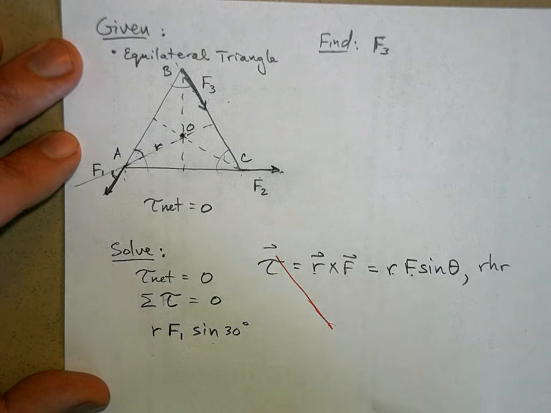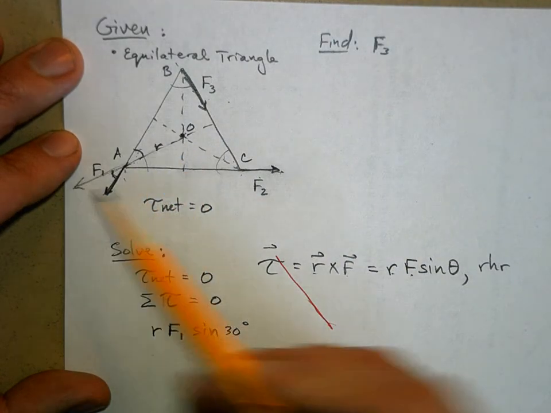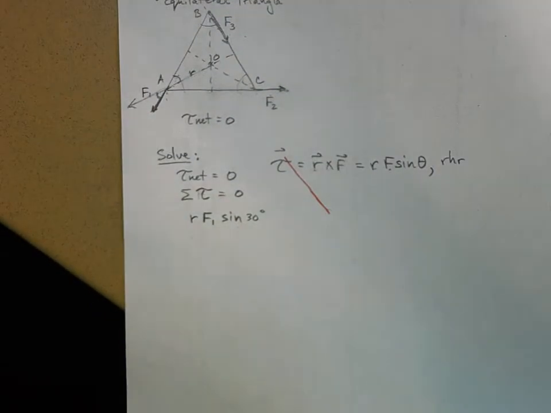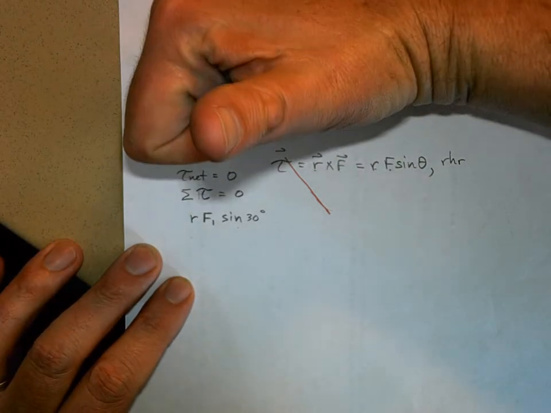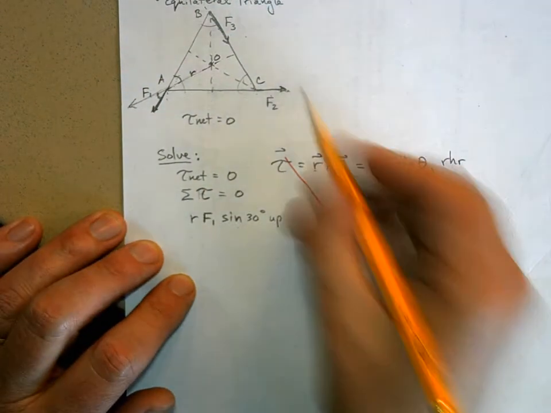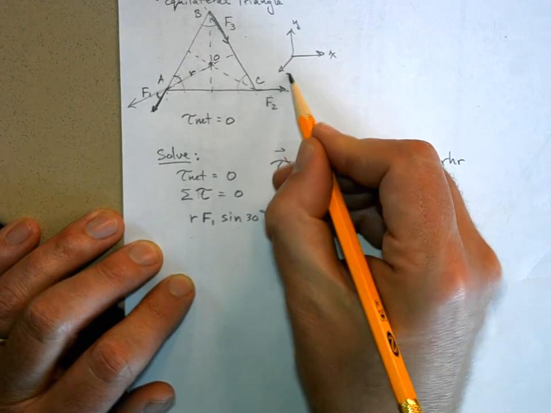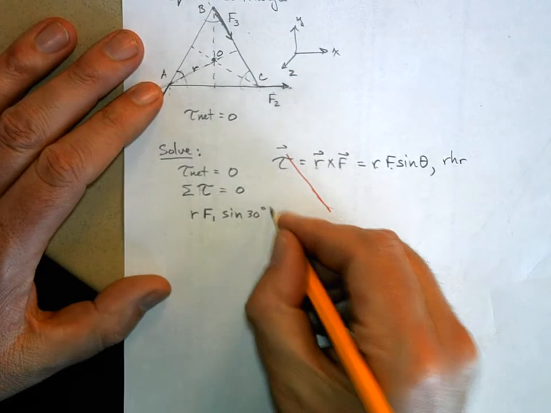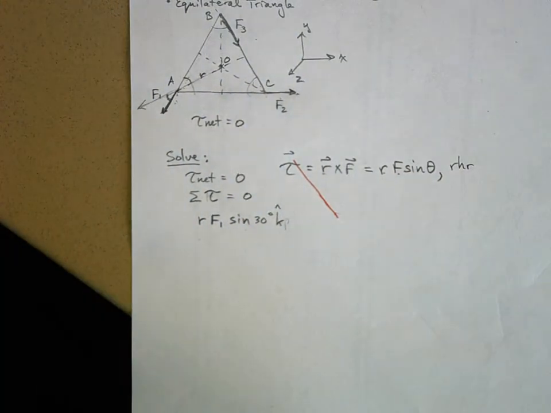Okay, so that's the torque. Now, what direction is it? If I extend R out here and use the right-hand rule, you go R, cross over to F, and my thumb sticks up. Let me make this the X direction, Y direction, so Z. Instead of up, I'll be more official and call it the K-hat direction. So the torque due to F1 is in the positive K-hat direction.